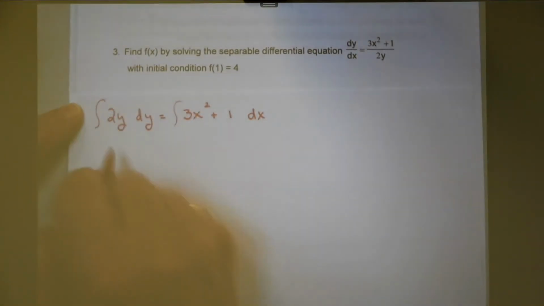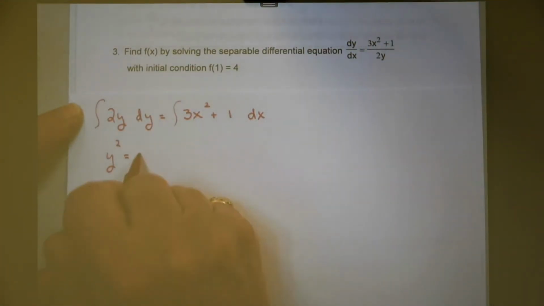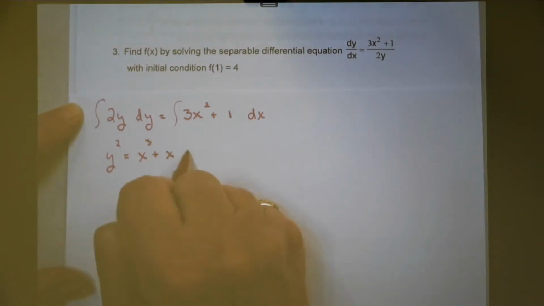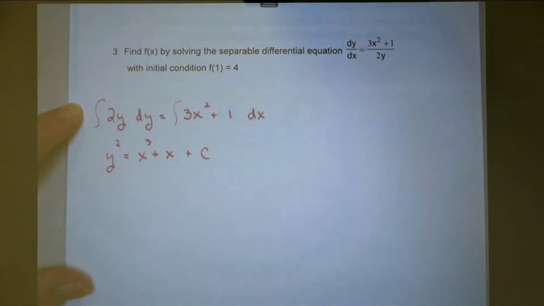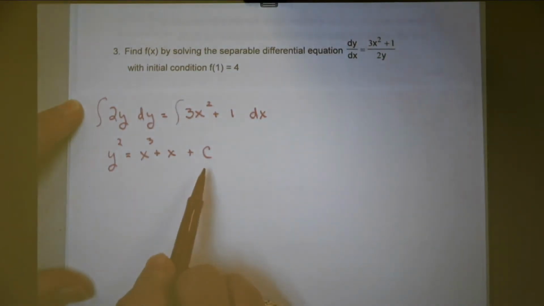y squared. That seems too easy, but whatever. x cubed plus x plus c. Okay, yeah, that just seemed a little easy. There you go. We've separated, we've integrated, we've added our constant of integration.